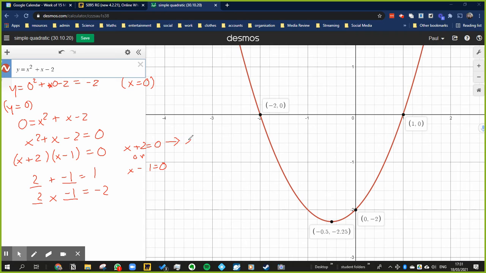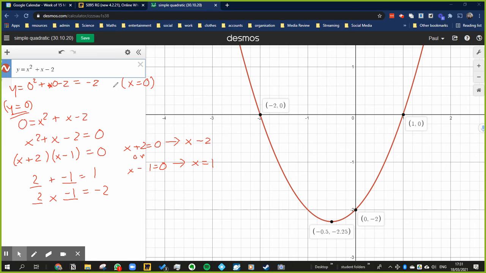That means x is either equal to -2, remember this is when y is equal to 0, or x is equal to 1. And that's what we've got, which is what we said over here.